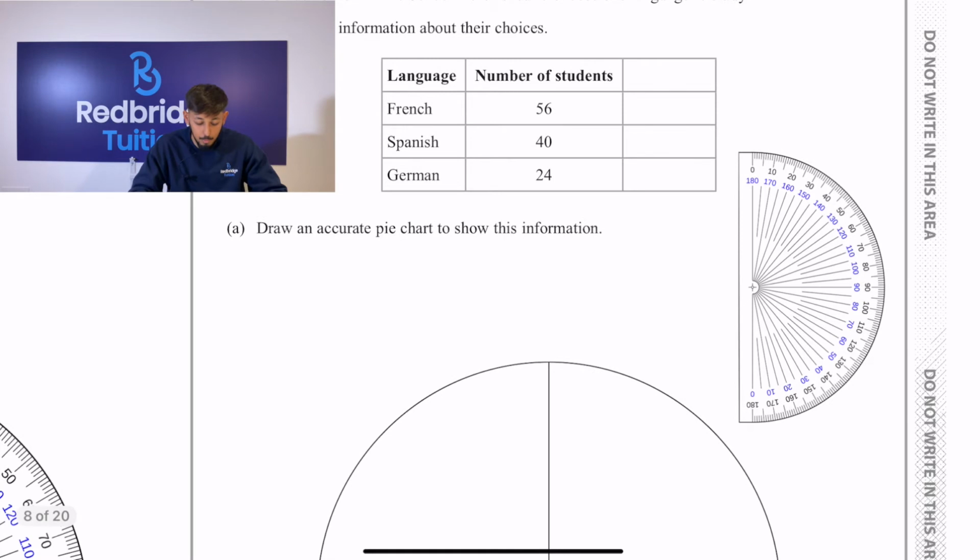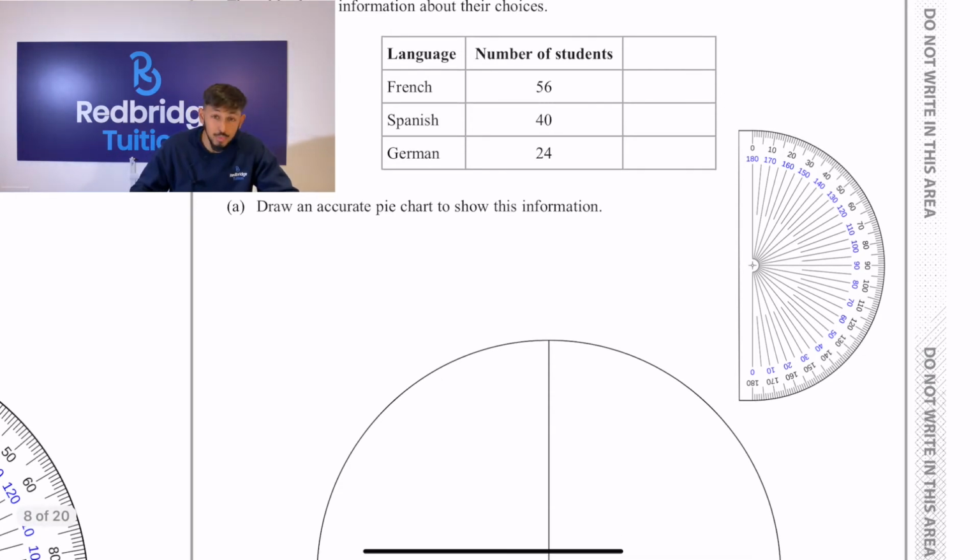So firstly, what we are going to do is work out the total number of students that participate in a given language. So we add all of these figures up. So we've got 56 plus 40 plus 24, which gives us a total of 120 students altogether.